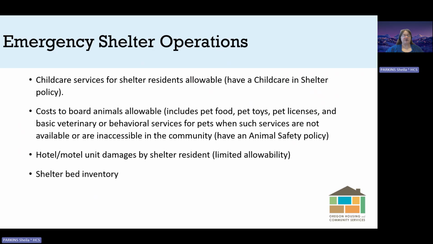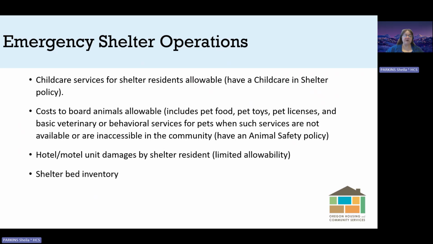When a shelter allows for child care services for residents in the shelter to attend meetings, appointments, or do job search, there are additional requirements. Shelters can become licensed to provide child care under OAR 413-215, and more information on that can be obtained from that Oregon administrative rule.